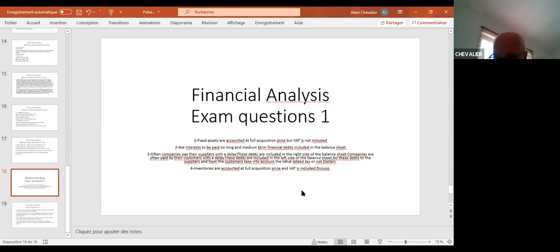It is managed from an accounting point of view, including the rents paid every year in the income statement. And we have a specific case, last point, with leasing contracts with two categories. One of them is managed as if the firm was the owner, it means it is included in the balance sheet.